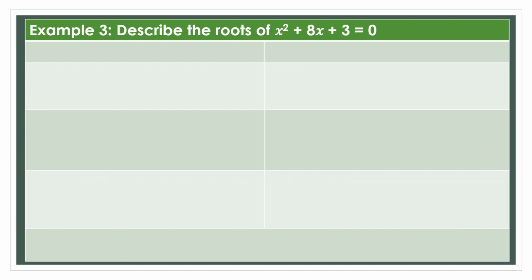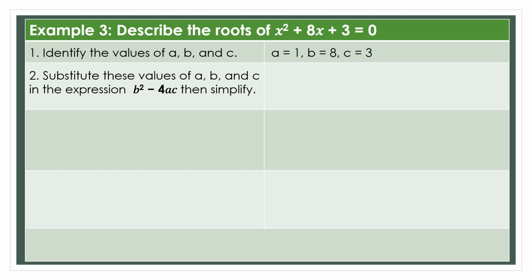For our third example, you're going to describe the roots of x squared plus 8x plus 3 is equal to 0. Just follow the steps. The first step is to identify the values of a, b, and c. From this example, a is equal to 1, b is equal to 8, and c is equal to 3. The second step is to substitute these values in the expression b squared minus 4ac, then simplify.